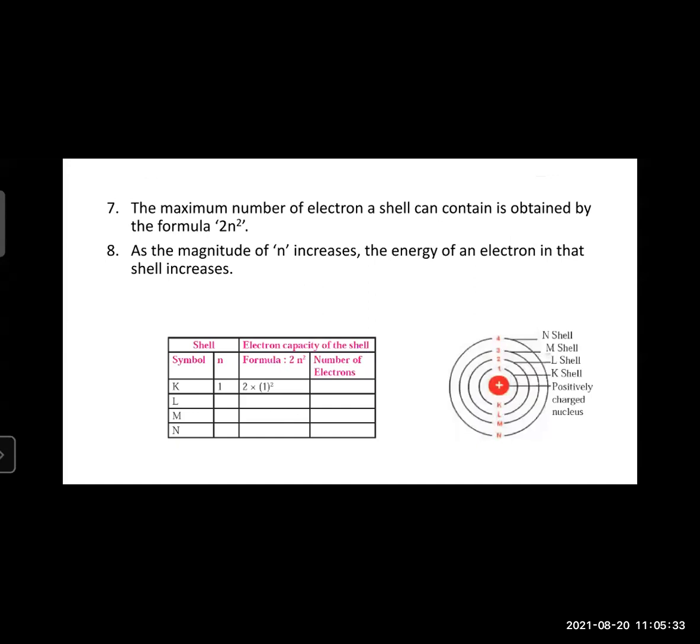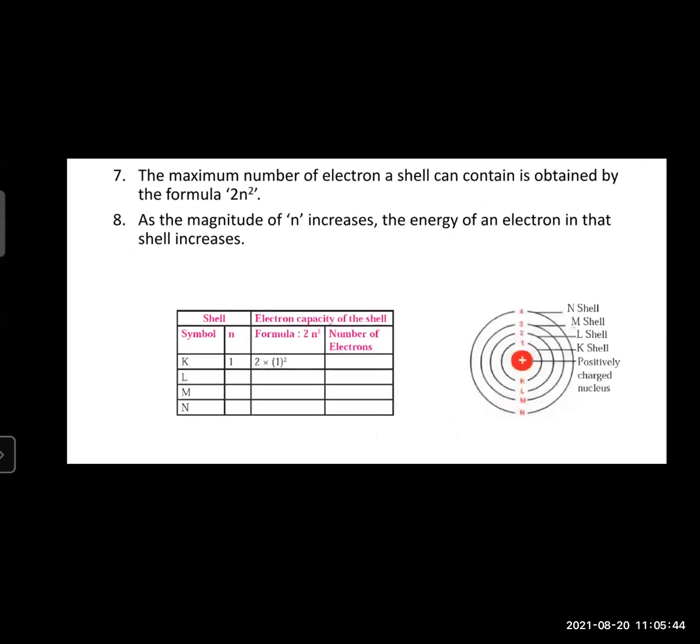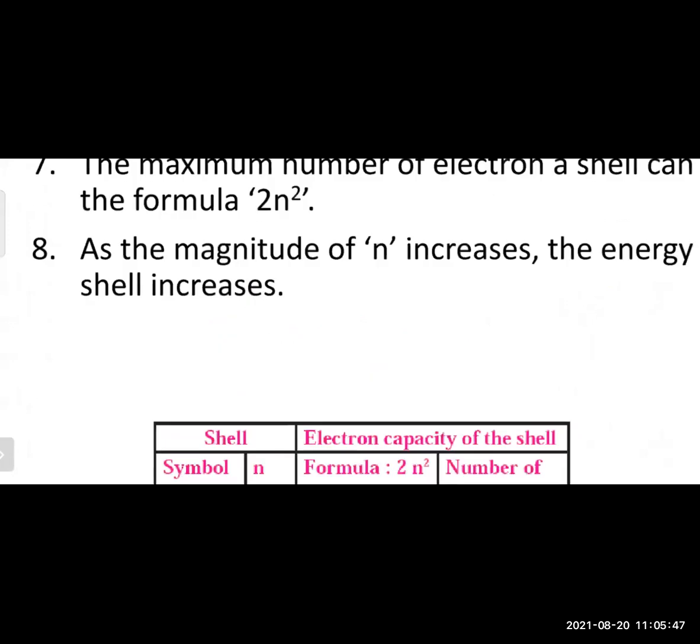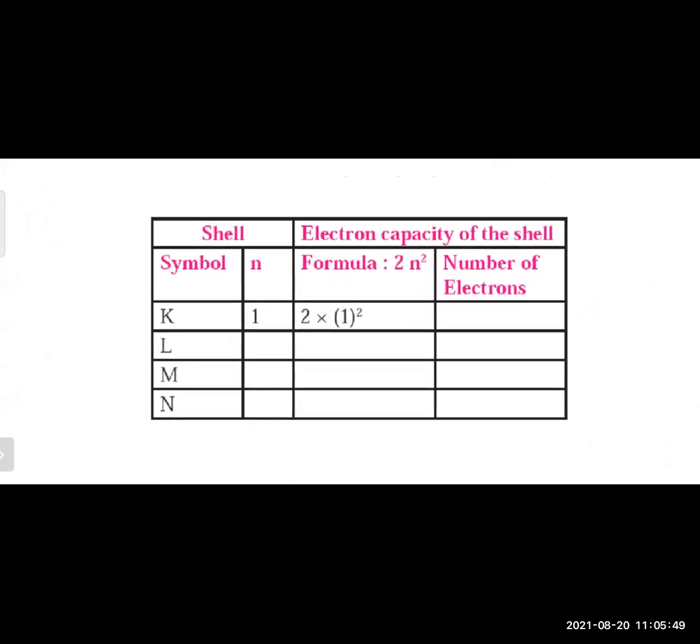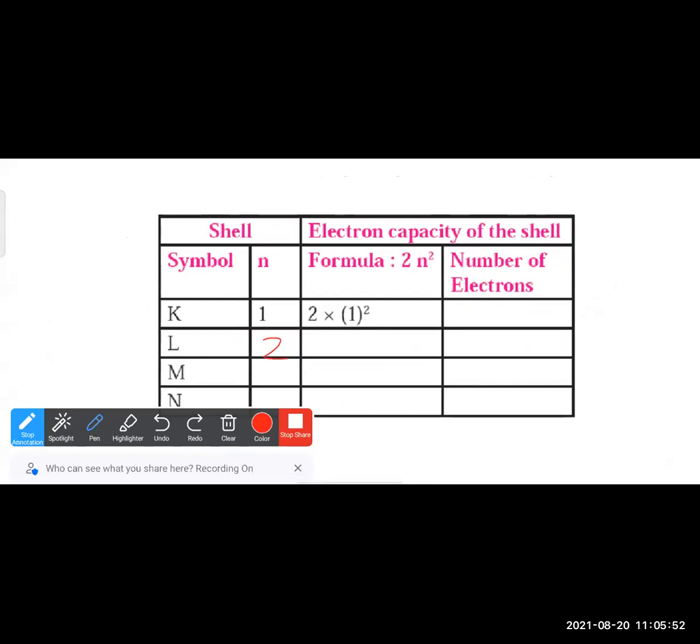For the first shell K, n is 1, so 2 into 1 squared gives 2 electrons. For the second shell, n is 2, therefore 2 into 2 squared, that is 2 into 4, so the number of electrons will be 8.